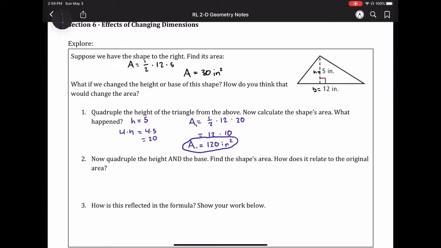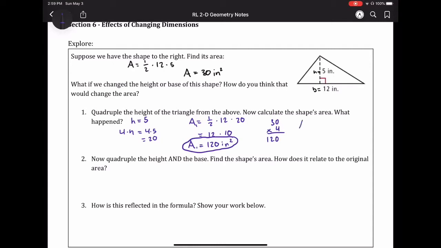What happened? Well, we multiplied one side by 4. And if you look at this, 30 times 4 is equal to 120. So what happened is the area also quadrupled. Let's write that down.